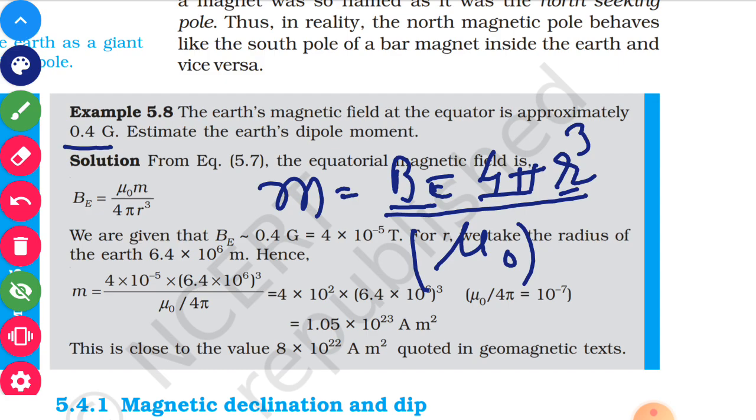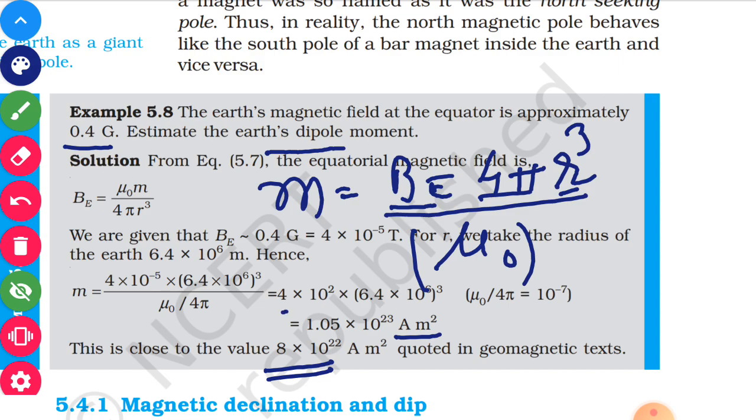If you simplify, then 1.05 × 10^23 ampere meter square will be the value of the Earth's dipole moment, and this is close to the value 8 × 10^22 ampere meter square quoted in the geomagnetic texts.